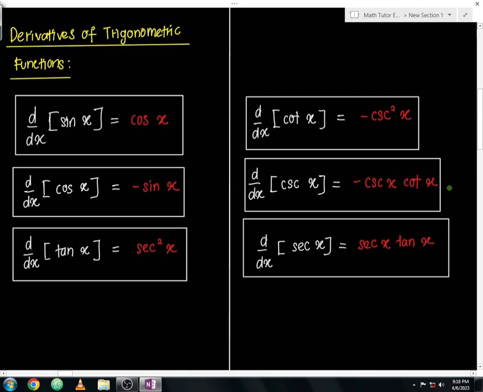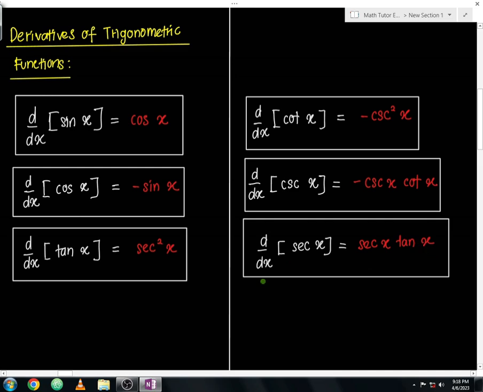This is actually a multiplication of two trigonometric functions together. For the last one, you have secant x, which is basically 1 over cosine x. When you differentiate secant x, you should be getting secant x tangent x.